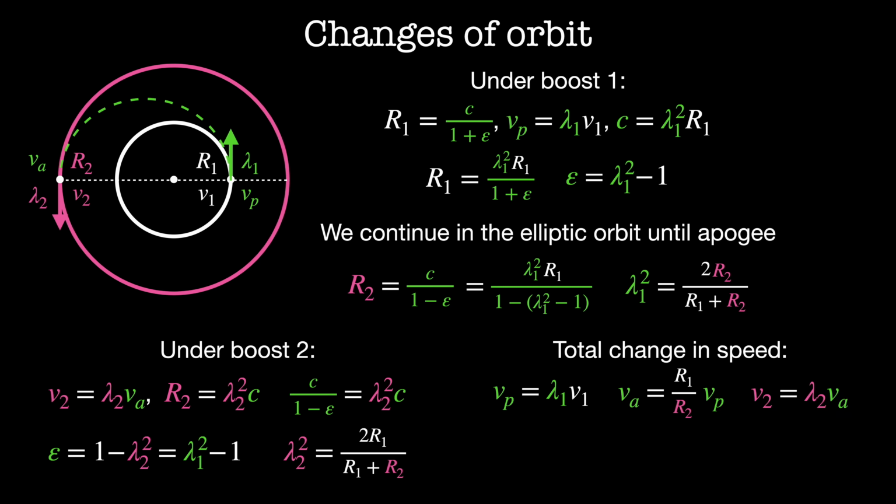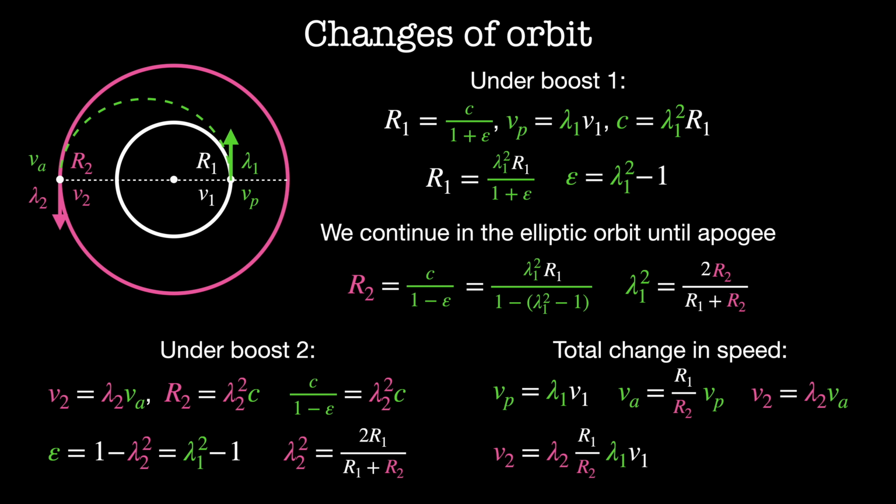And finally, when we're at apogee, we apply the second boost, lambda 2, to get to the final velocity of our second circular orbit. We can combine this all together to find that v2 is equal to lambda 2 times the velocity at apogee, which is r1 divided by r2 times the velocity at perigee, which is equal to lambda 1 times our initial velocity.